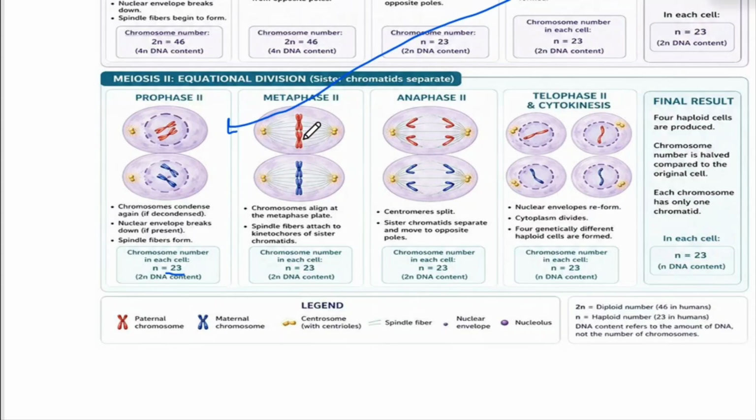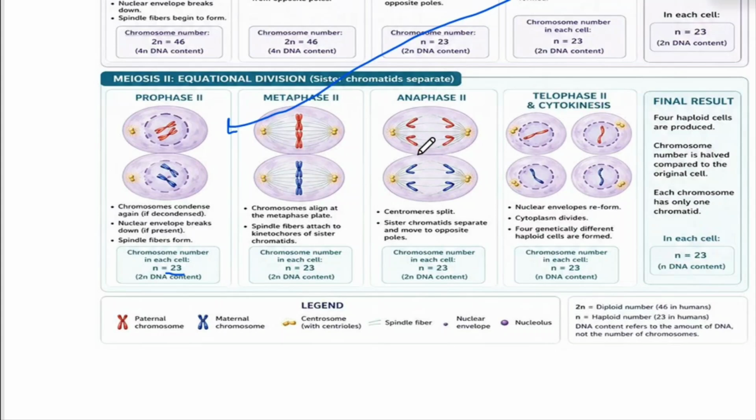In metaphase 2, the chromosomes line up at the center of each cell, and each chromosome is attached to a spindle fiber from the opposite pole. Here is the opposite pole, and the chromosome number remains 23. Here is 23 chromosomes and 23 chromosomes.